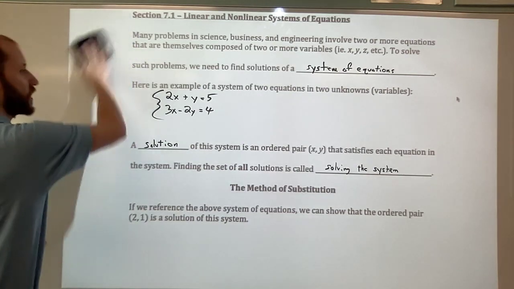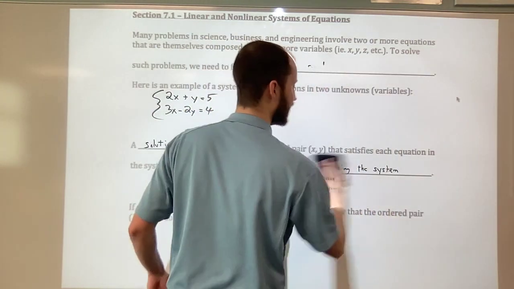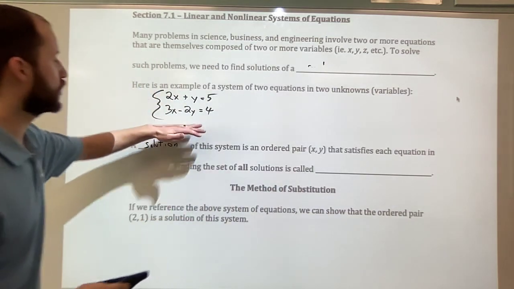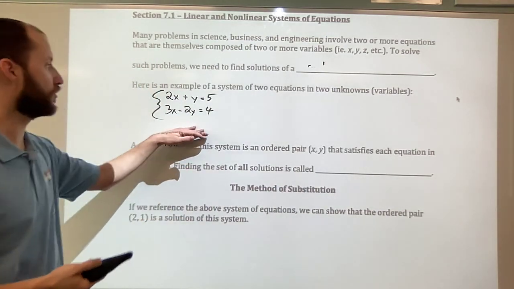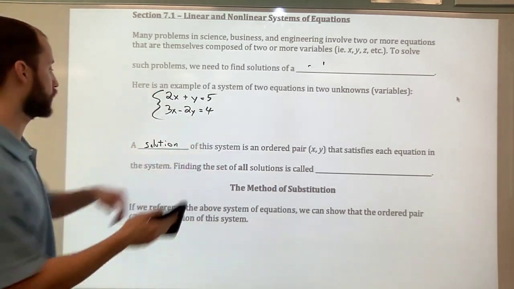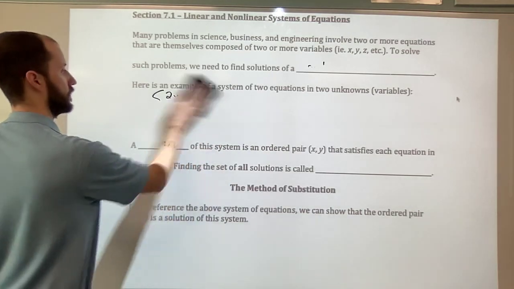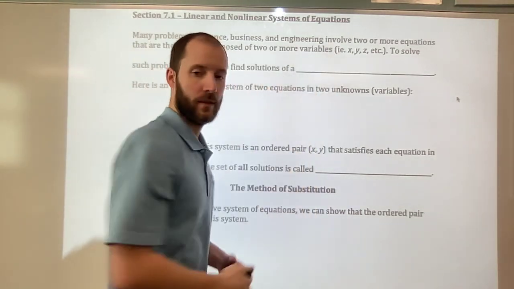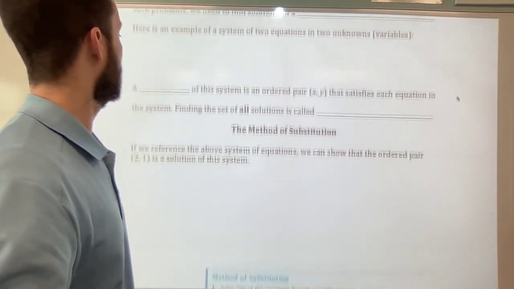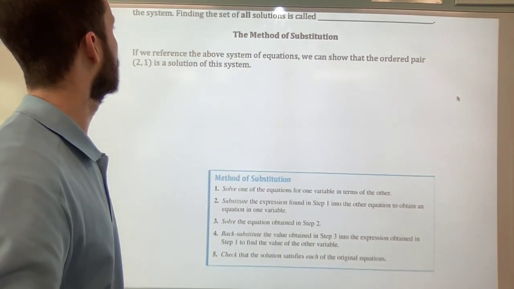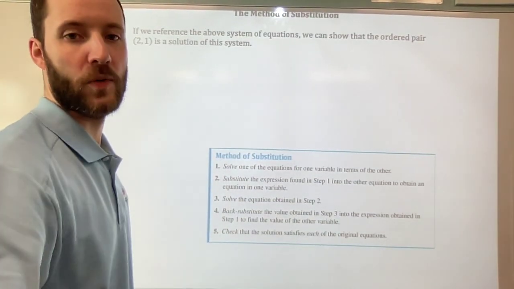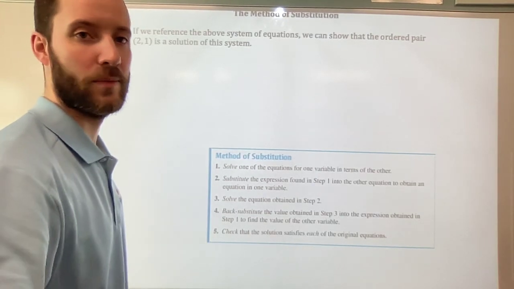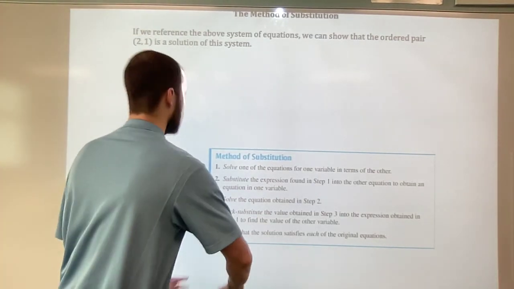So let's keep working with this system of equations we have. 2x plus y equals 5 and 3x minus 2y equals 4. So we'll scroll down a little, and we'll keep using that system, and we'll solve it.